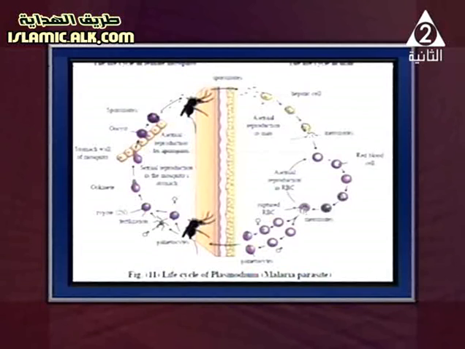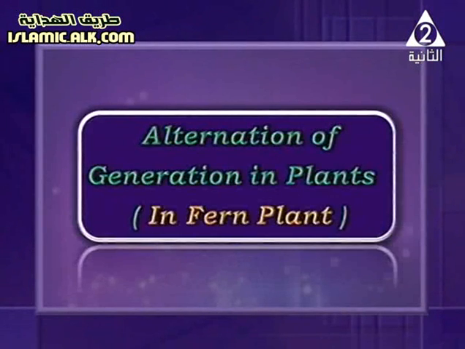And on the other side, when they are released from the red blood cells, they are reproduced by schizogony, and they are reproduced sexually in the stomach of the Anopheles mosquito. And those are the two different generations. One of them sexually, and the other is what? Asexually.